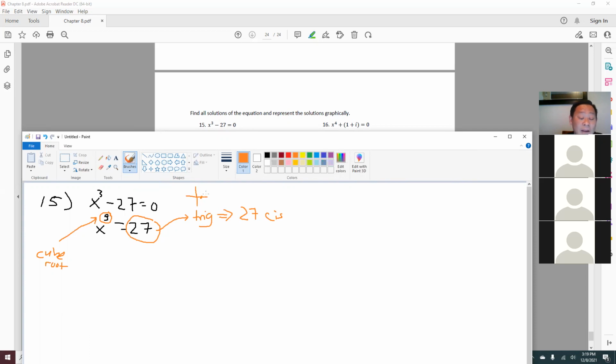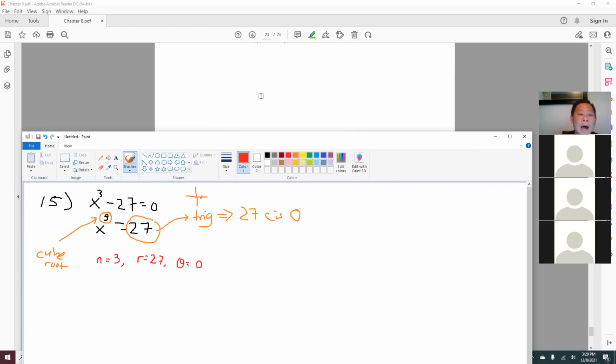So what is the angle for the x-axis? 0 degrees. Okay. Since you're doing cube, n in this case will be 3. Your r will be 27, and your theta will be 0 because this is on the x-axis.